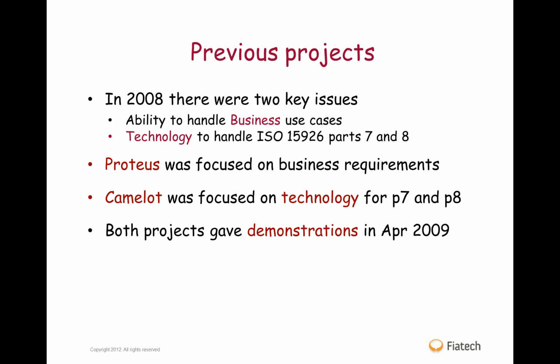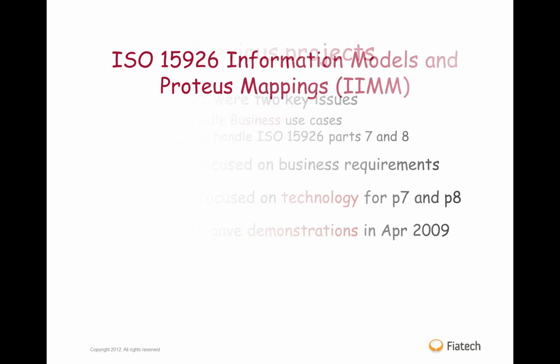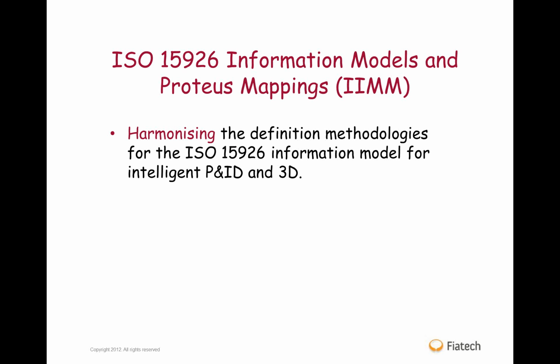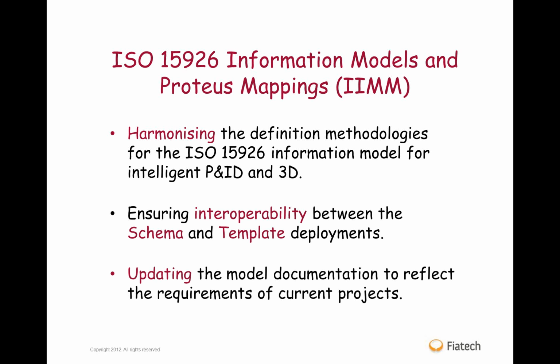And this was just showing that there are two aspects to the 15926 which have now been significantly brought on since that date. And what we're looking for now is to harmonize those methodologies so that we cover the scope for the information models for intelligent PNIDs and intelligent 3D models.